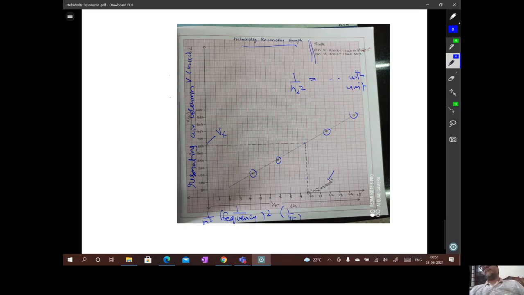But what happens when I blow this bottle? As I told you, this can behave like a Helmholtz resonator, and the mechanism is slightly different.